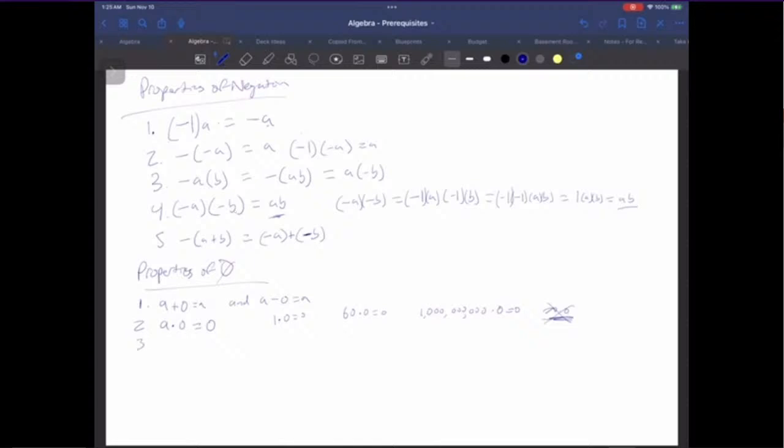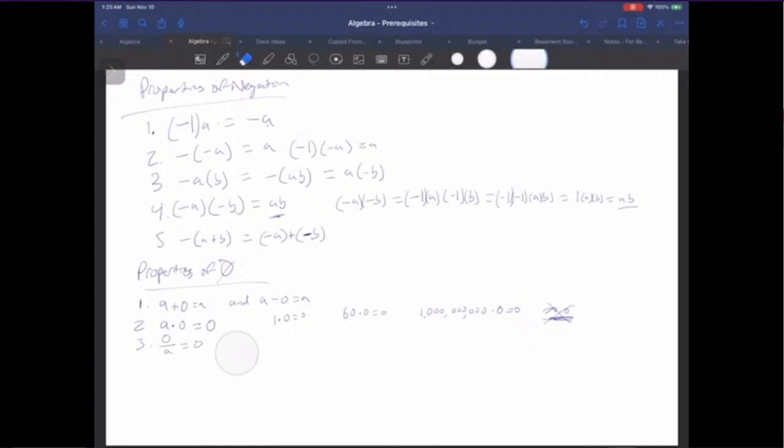Because 0 divided by a is 0. Remember, 0 divided by a is the same thing as saying 0 times 1/a. And I don't mean a as in the number 8.